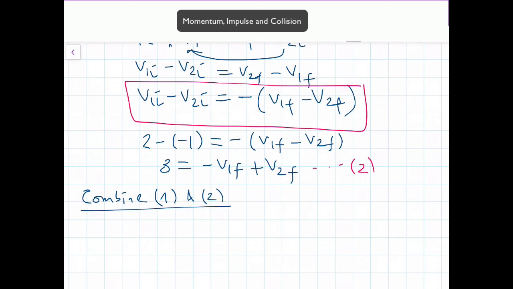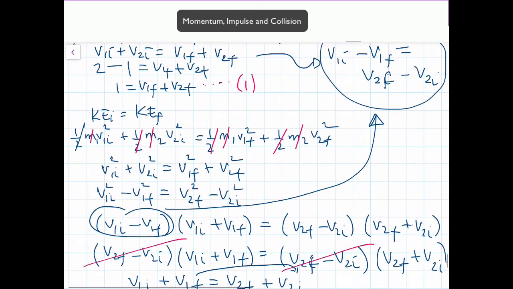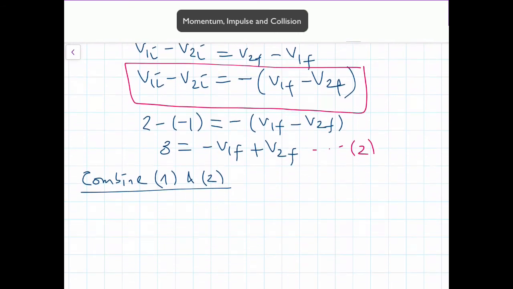Okay, if you combine 1 and 2, what are you going to get? So bring the first equation here, equation 1: 1 equals v1 final plus v2 final. Whereas 3 equals minus v1 final plus v2 final.